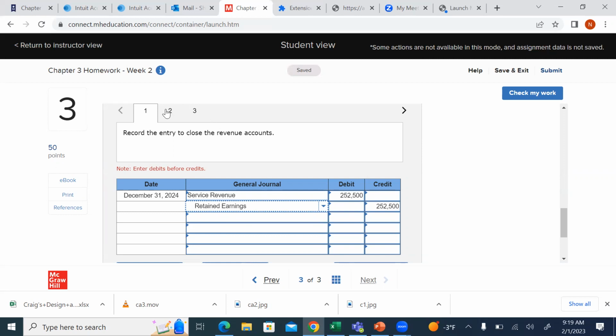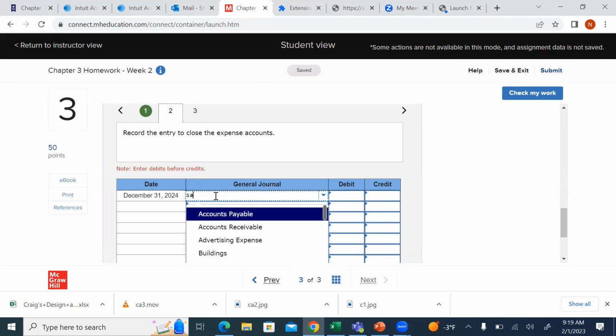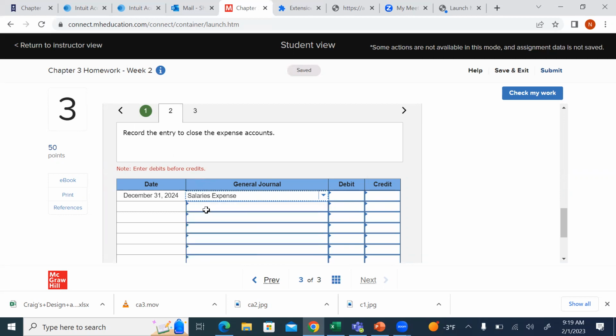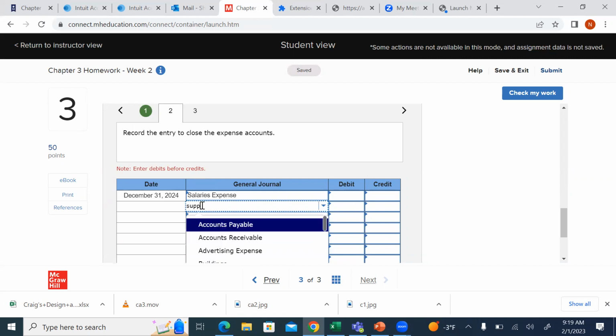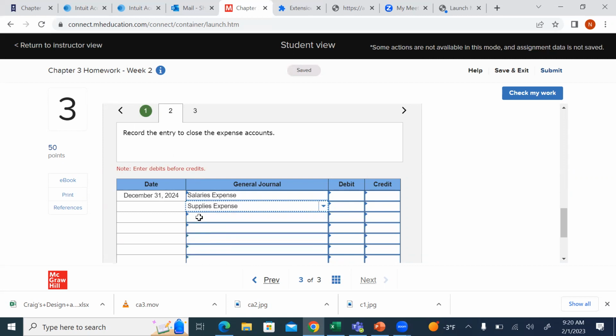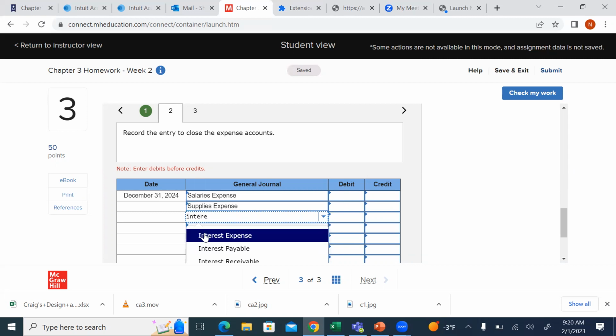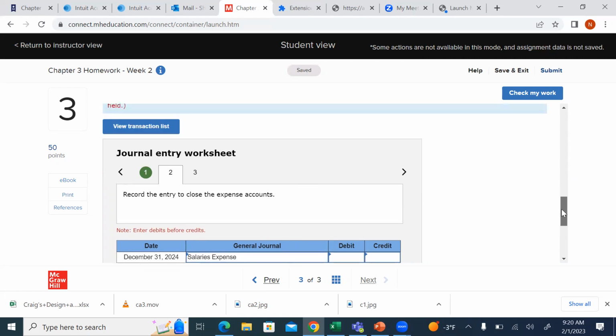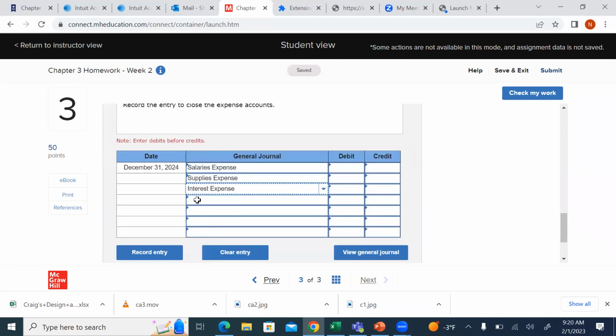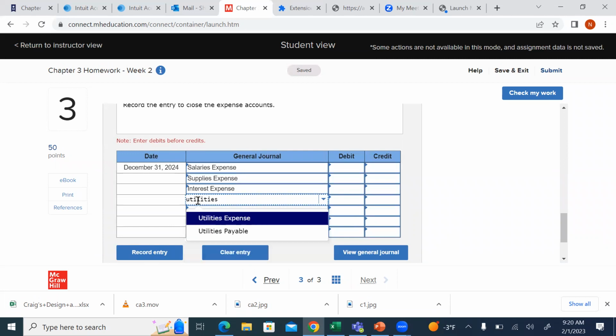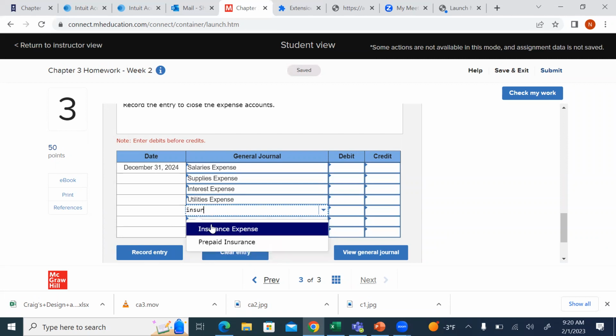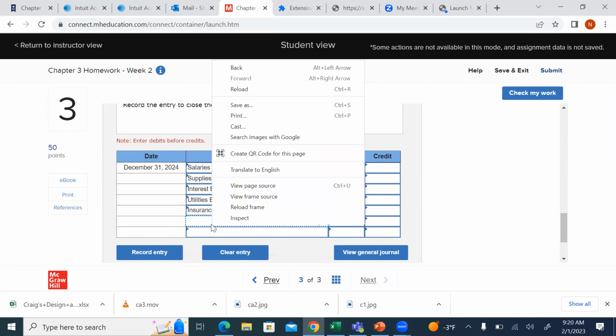The next is to close out all the expense accounts. So we have a salaries expense, a supplies expense, an interest expense, an insurance expense, utilities expense, depreciation expense.